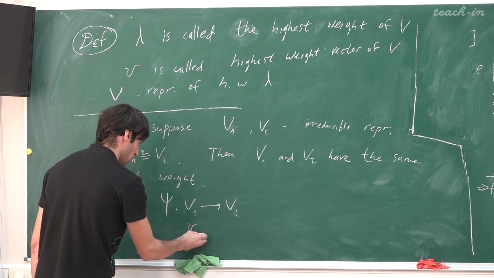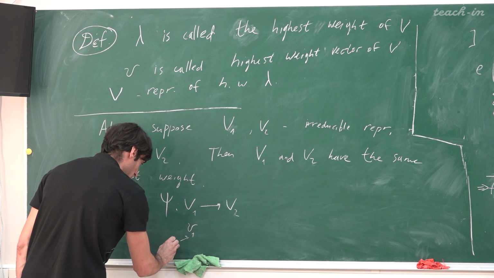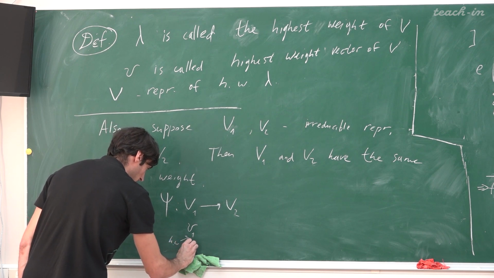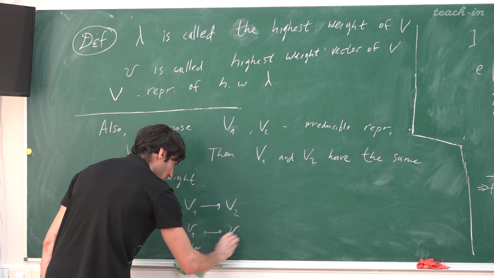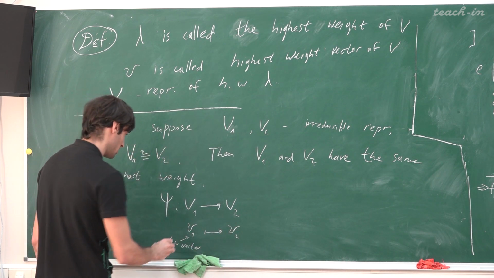So the highest weight vector here is mapped to the highest weight vector here by psi.